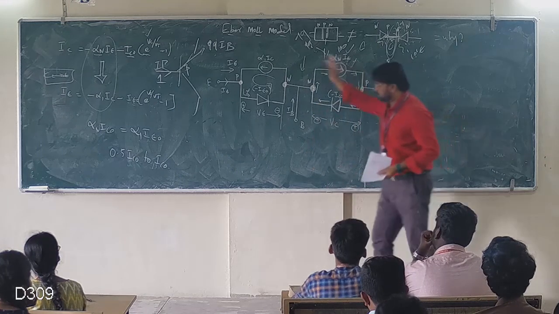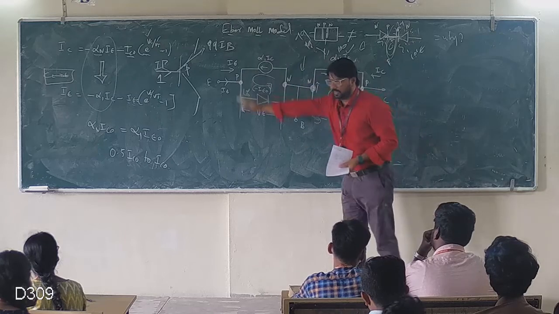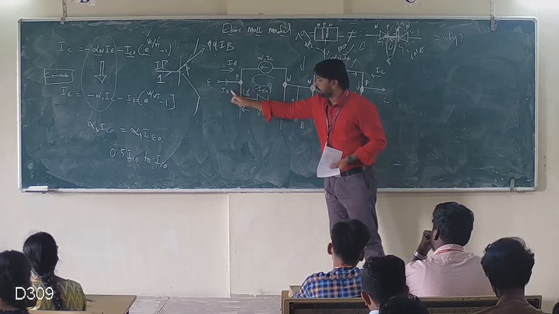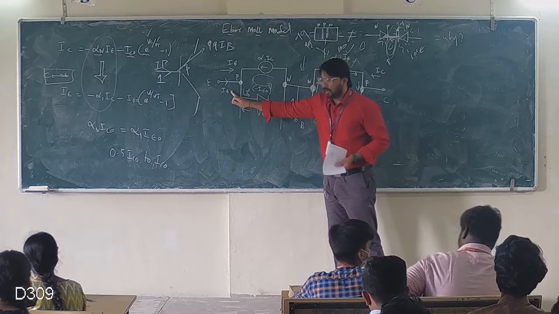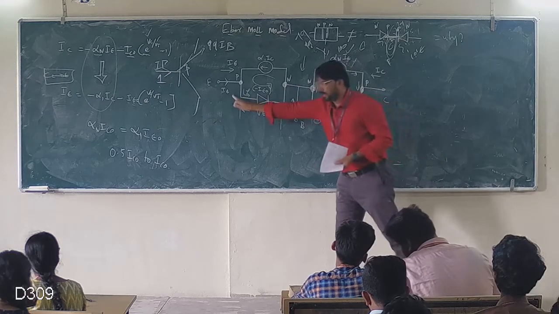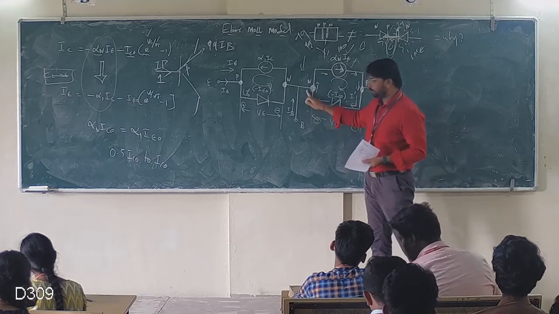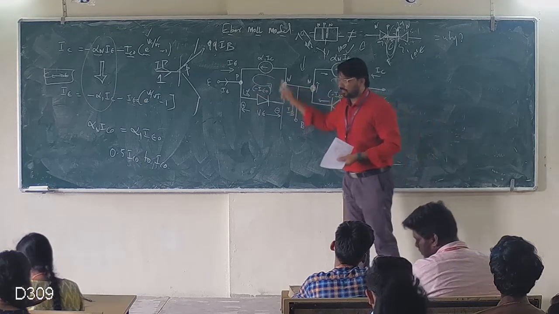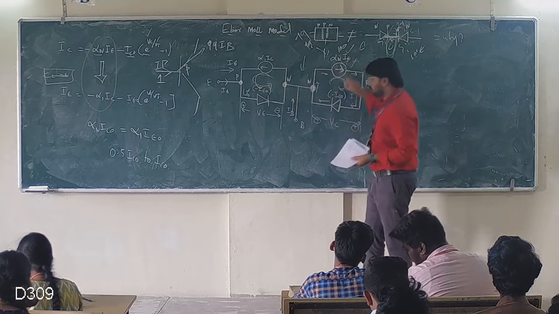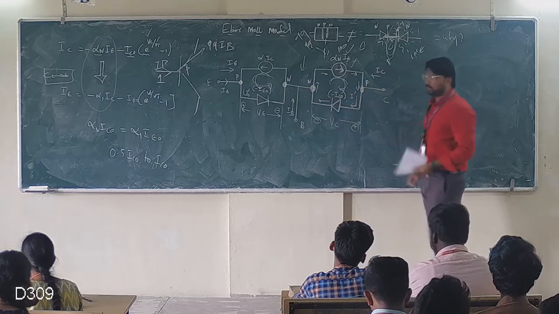Okay, so this is the explanation about this particular diagram, right? The emitter terminal is where it injects the electrons, the current IE. The collector current is IC. The base contributes some base current, and here it circulates like this, and here it circulates like this. Now we have to apply KCL. What is KCL?